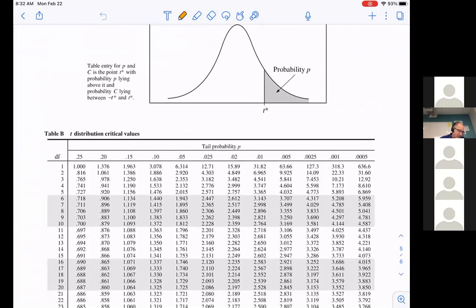The degrees of freedom is all tied into my sample size, and that is what's going to give me my critical values here. We'll talk about more how to use the table later. I'm just saying a T distribution is like a Z distribution, except it's going to be wider. And as my sample size increases, it becomes more and more like a Z distribution.